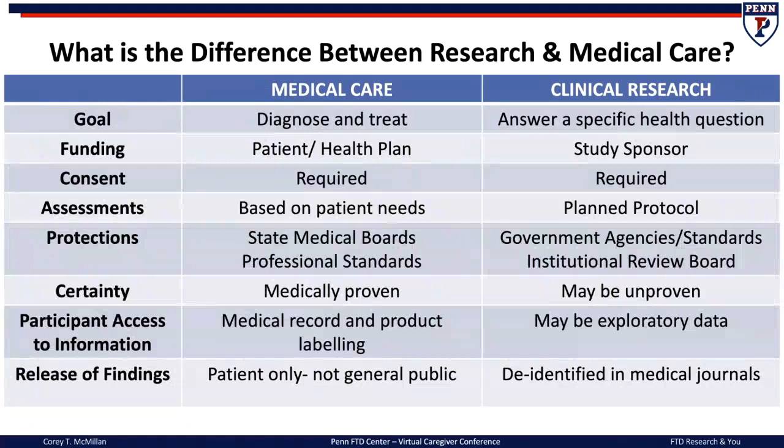As far as access to information, in medical care, information is recorded in the medical records and in product labeling, while in clinical research, this may be exploratory data, and this may not be shared with individuals. And lastly, the release of findings is to the patient only in medical care, where in clinical research, we can typically release findings using de-identification in medical journals.